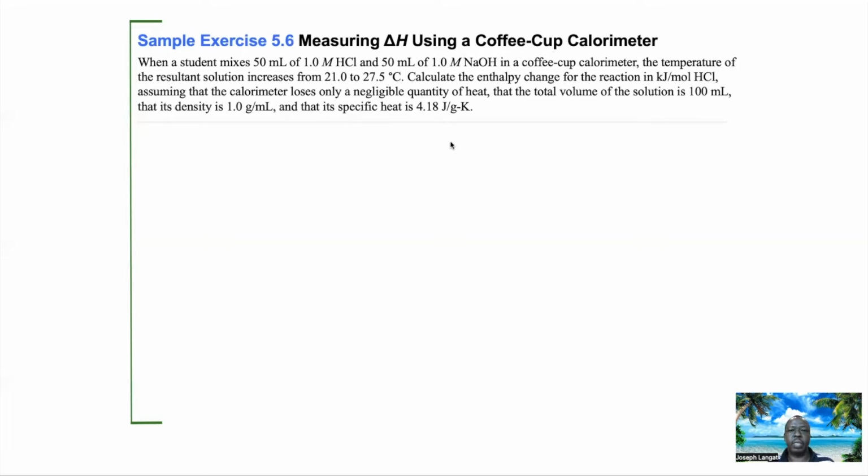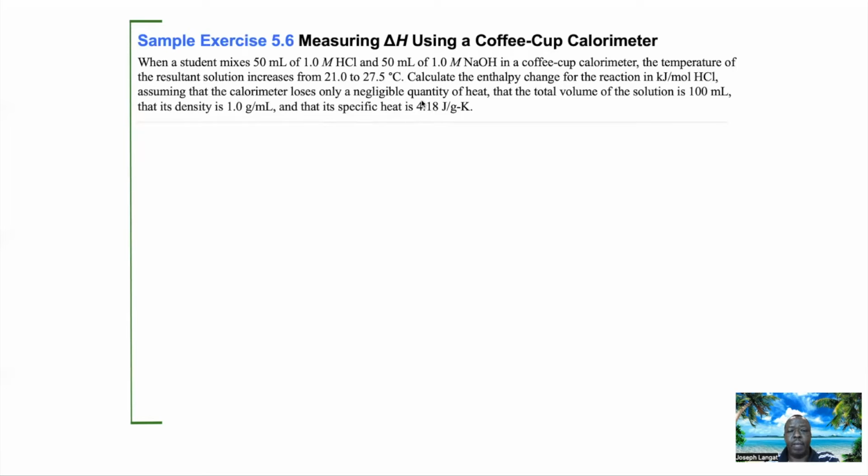Temperature is increasing. So we are asked to calculate the enthalpy change, delta H, for the reaction in kilojoules per mole of HCl, not per mole of sodium hydroxide. This is acid-base neutralization, and one of the products is H2O.